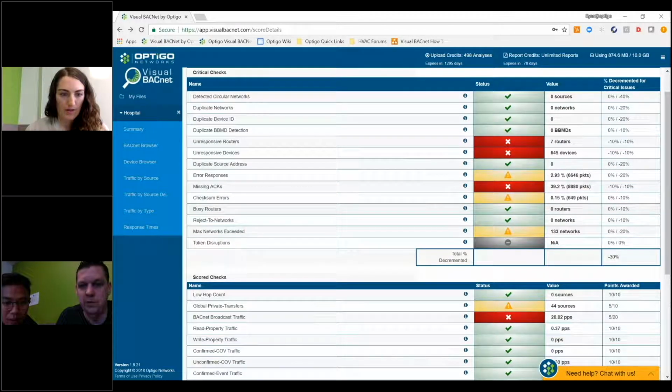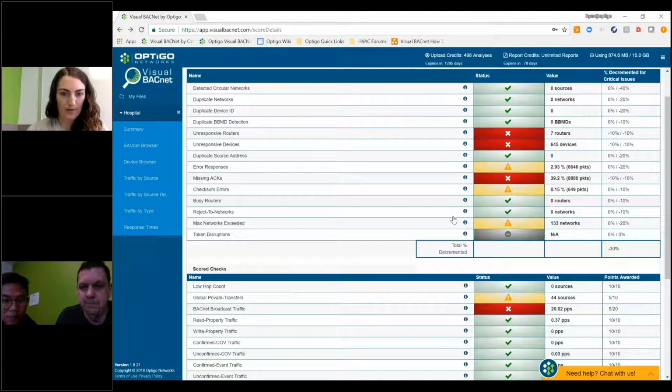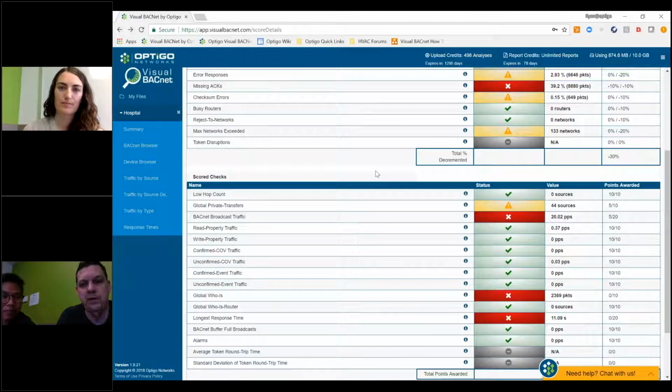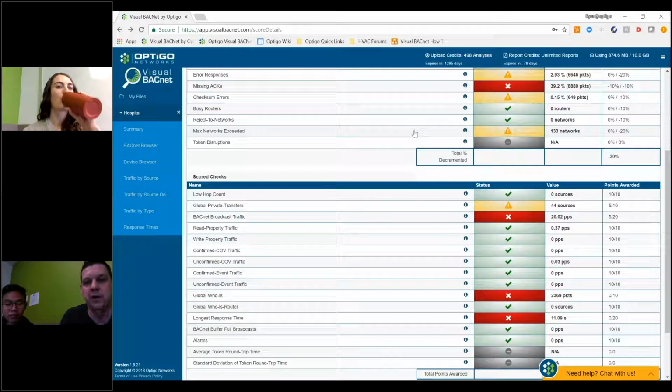So as we go down, the max network exceeded. This is an interesting check. It's not applicable to everyone. What it means is if you've got old routing hardware on your site, because there are 133 networks, it has to go through a router somewhere at some point, right? Through a BBMD or some higher level router as your tree topology moves up. Even on a flat network, you have to engage into the network somewhere.